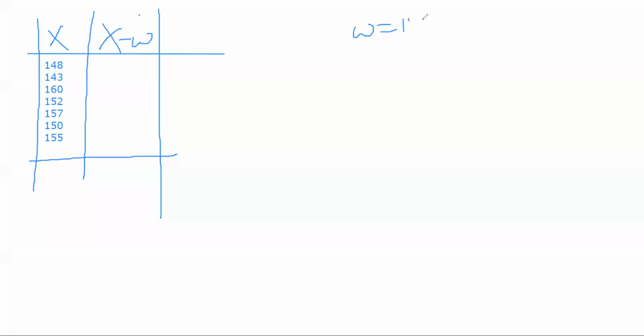W is 140. N is 7. So small x. Is it done?